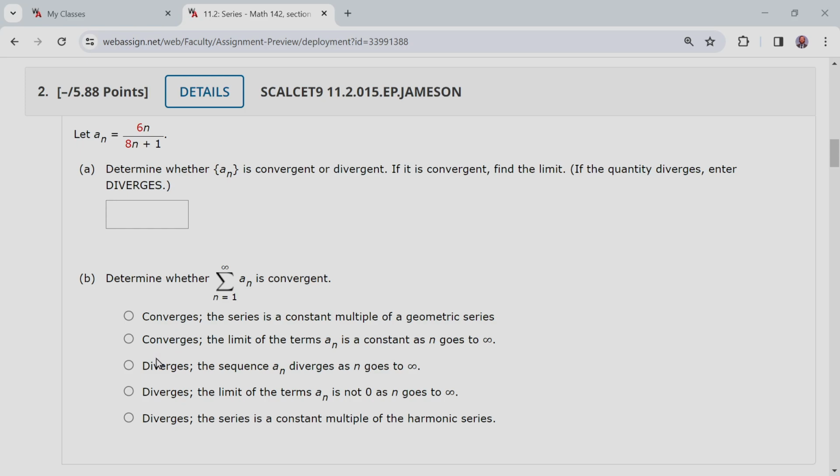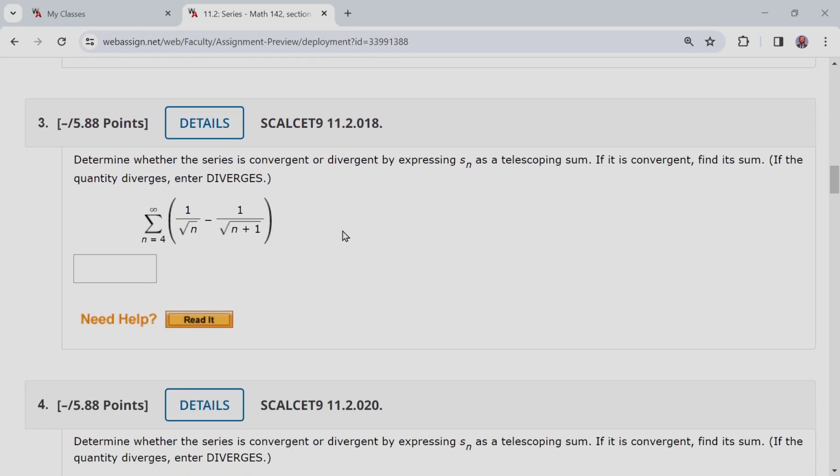And so we get divergence because the sequence is not divergent, but the list of terms is not 0 as n goes to infinity. The terms are approaching 3/4. That's the justification.